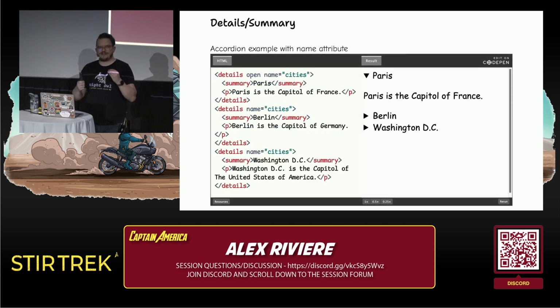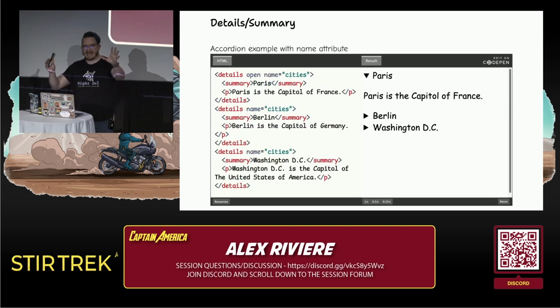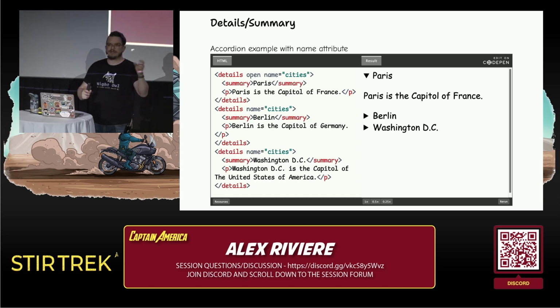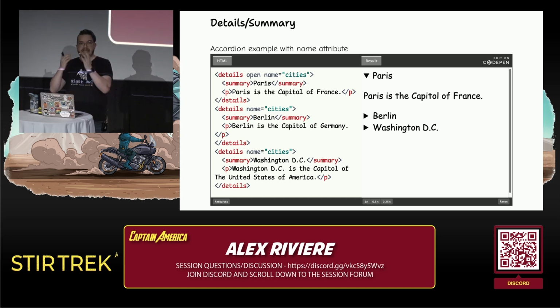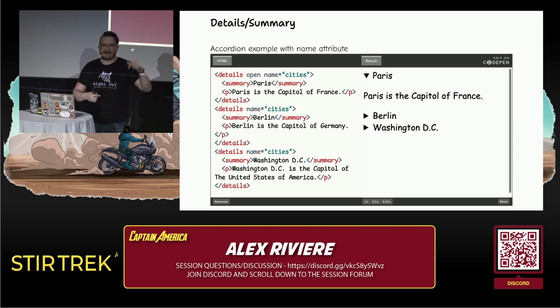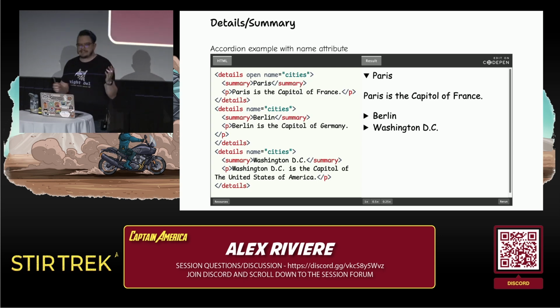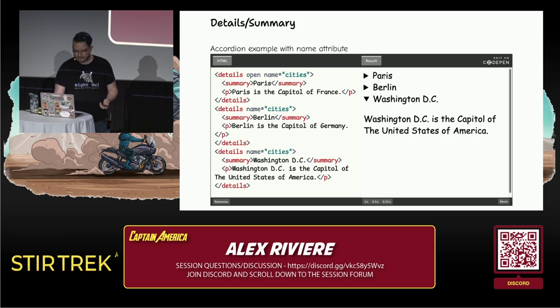We have the new name attribute. So much like a radio button, input type radio, where you can say name, blah, and all of the radio inputs that have the blah name are the same input. It's just which value you're going to choose. Details works the same way. You give a bunch of details elements the same name, and now they all work in tandem with no JavaScript.